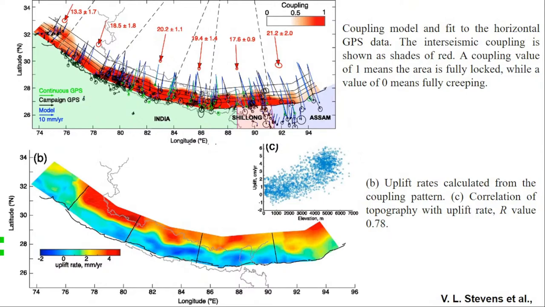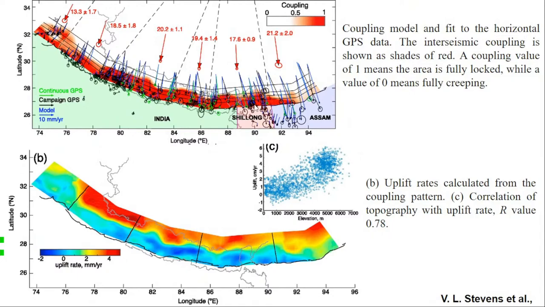It is a dextral fault, and this fault is basically not allowing too much energy to accumulate at this location. That's why it is taking more time to accumulate the energy, due to this strike slip component. So in this region we can see the less convergence rate at this patch, and then here it is 18.5, then here it is 20.2, then here it is 19, and then it is again decreasing.